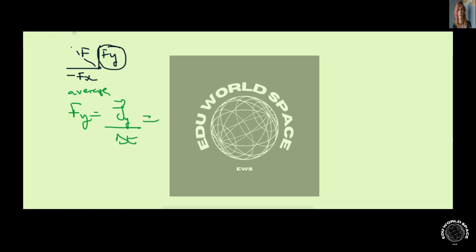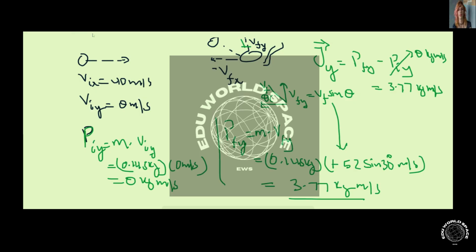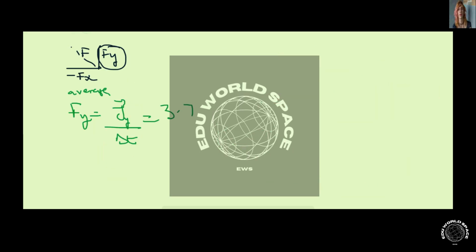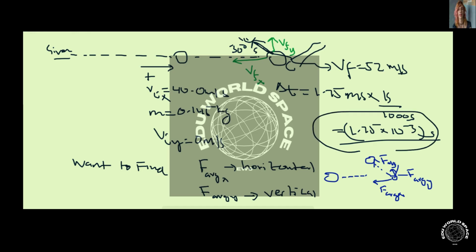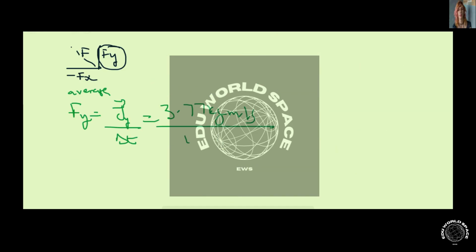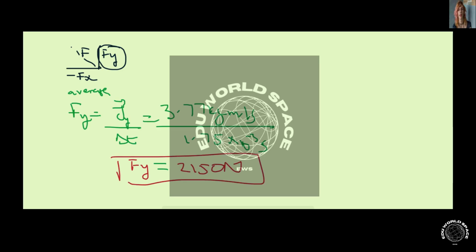We just found that the momentum in the y direction is 3.77 kilogram meters per second, and then we divide that by the change in time, which we got from the beginning: 1.75 times 10 to the negative 3 seconds. If you plug in the numbers, for the y direction you end up with 2150 newtons. That's the average force in the y direction.